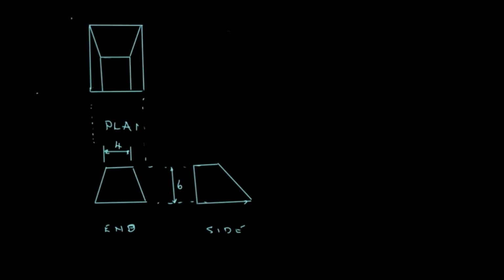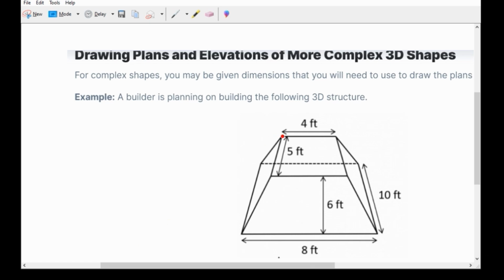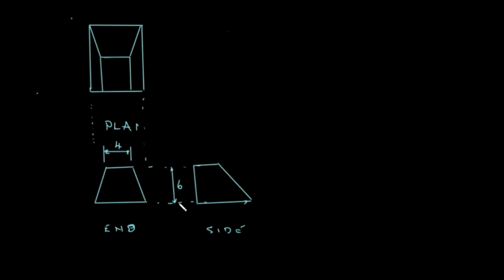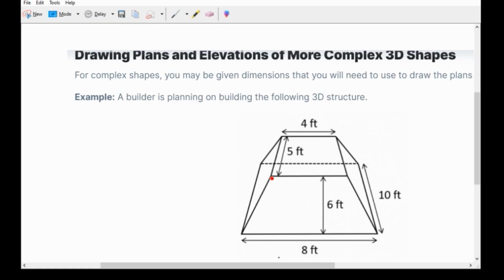Now keep doing that. 4 feet. The other one at the top is 5 feet. Reduce that, come over here. So that one there, 5 feet, 4 feet, 5 feet, 5 feet, 4 feet.